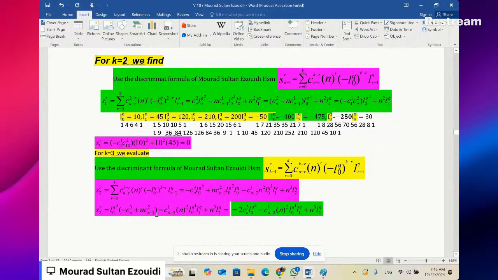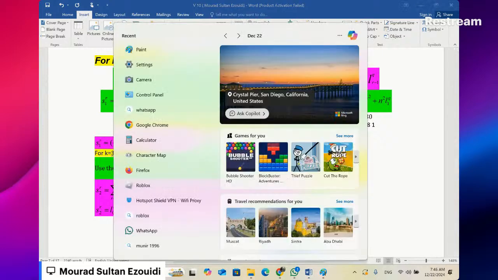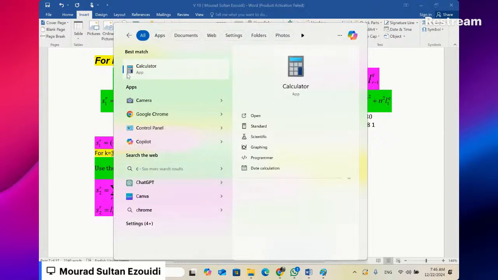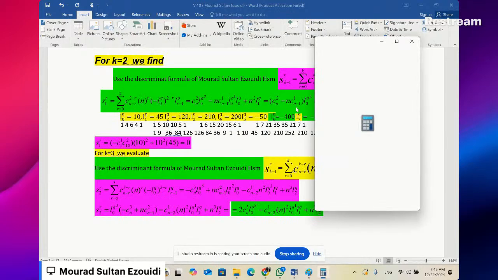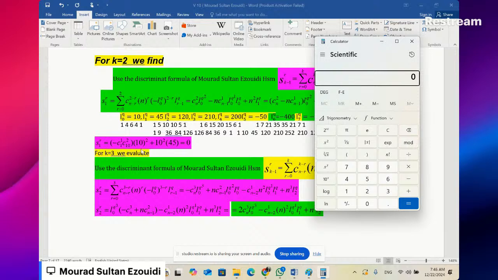I will write negative 10 choose 2, which is 45. Negative 45 multiplied by 1000, multiplied by 100, plus 45 multiplied by 100. This one, my kids, will give you exactly zero. This means S1 is equal to 0.